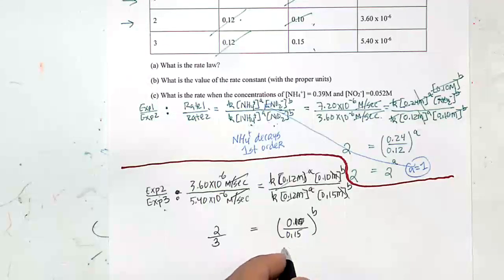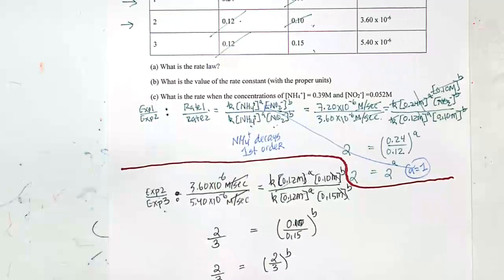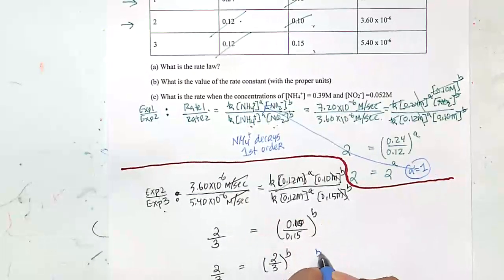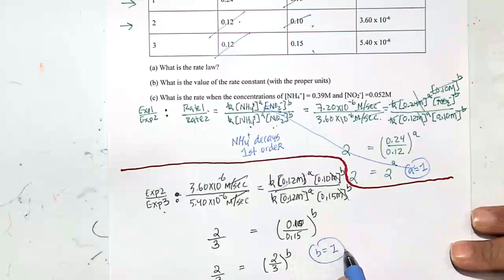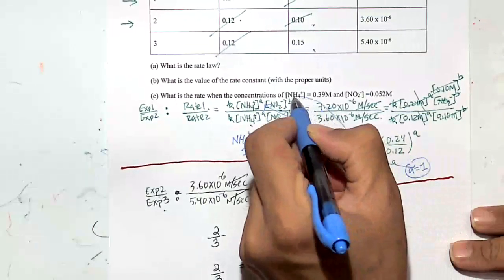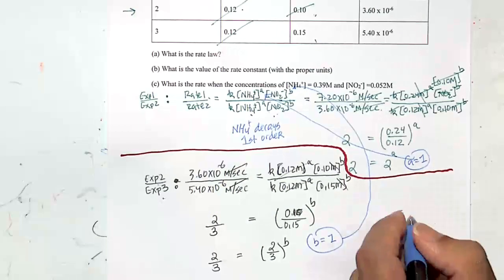What's 0.10 divided by 0.15? It's also 2/3. So 2/3 to the power of B equals 2/3. So what will B equal to? 1. So just like NH4 positive, NO2 minus decays with first order.